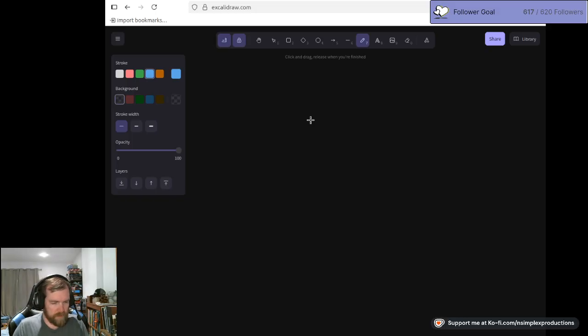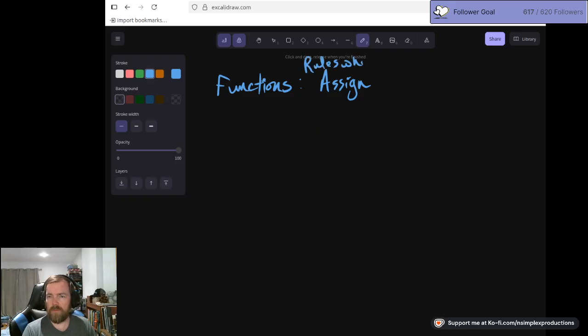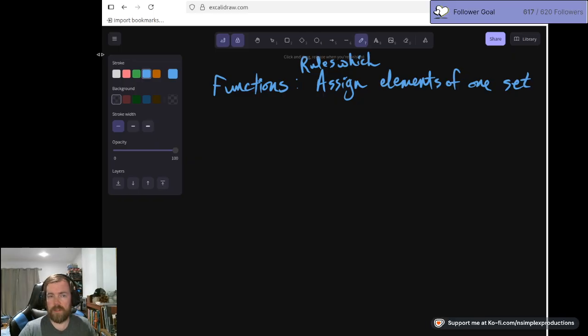If we go into the precalculus section, the very basic stuff that we talk about in precalculus is, generally speaking, these things which are called functions, which are going to assign elements of one set to another.